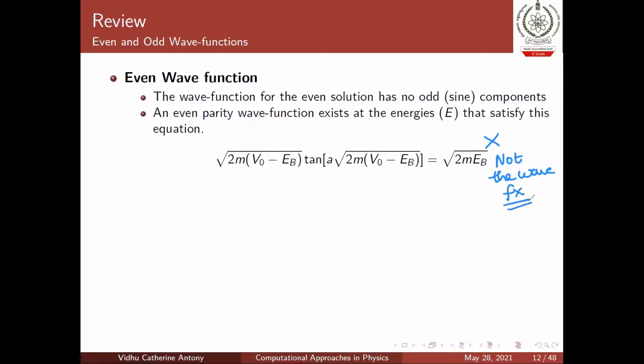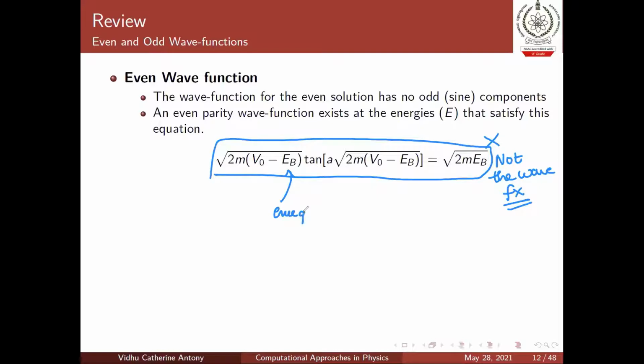This is the transcendental equation that would help you get your energy eigenvalues for your bound states, your EB. Let's be very clear on that.